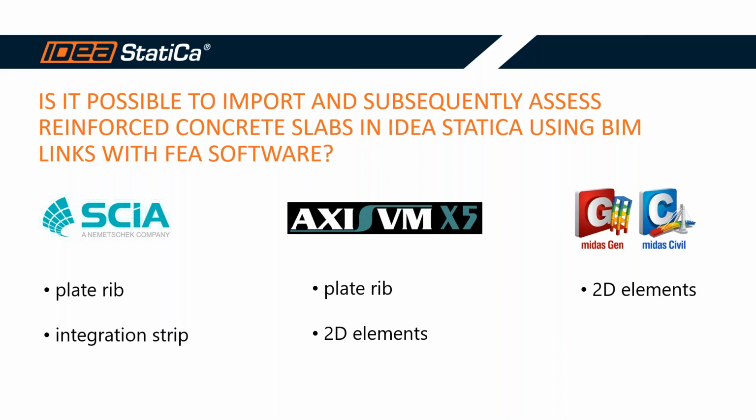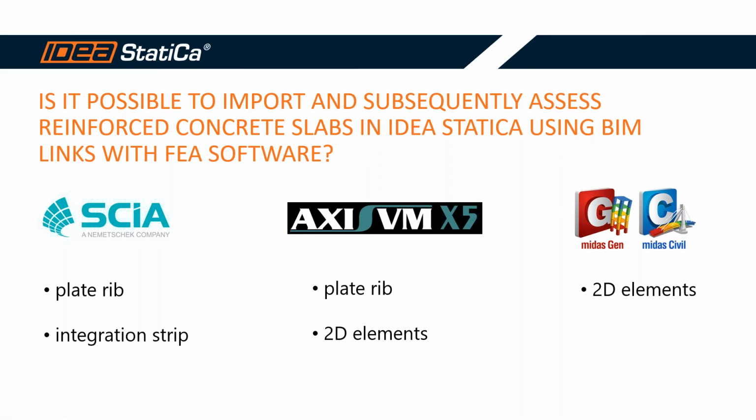So it is possible for these three kinds of software: CI Engineer, Axis VM, and Midas, in general both Gen and Civil. The procedure is a bit different for each of the software. I decided to show you a demo of SIA project and Midas, and Axis, we can only comment on.